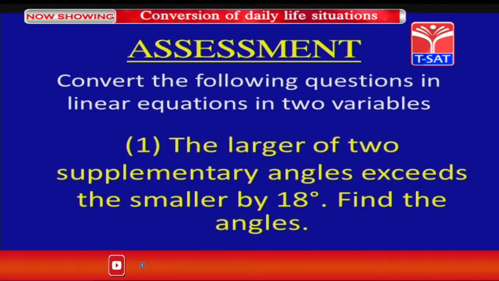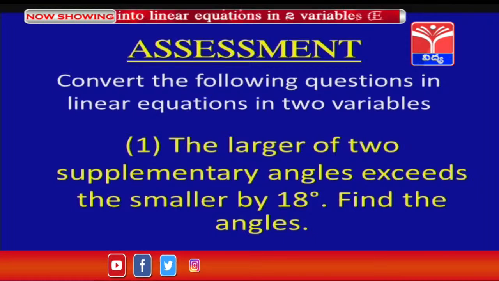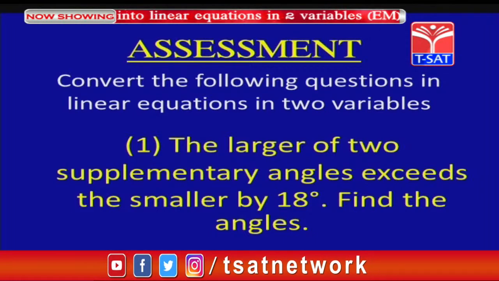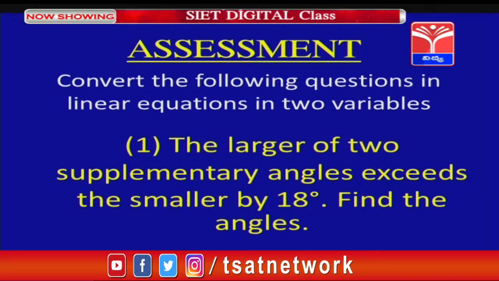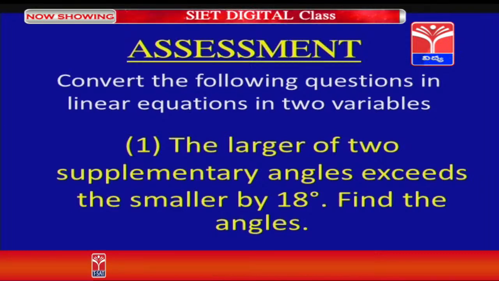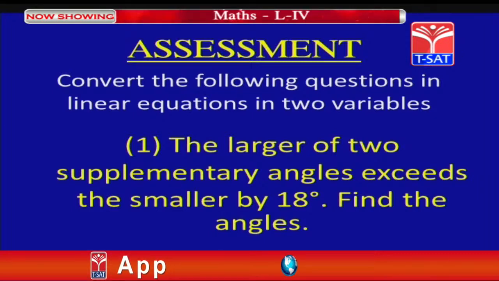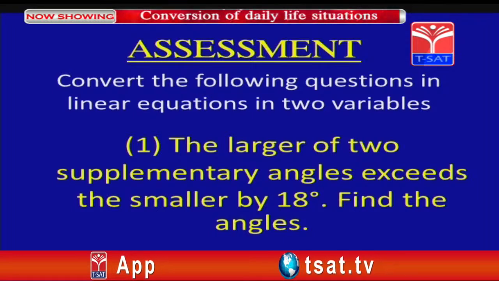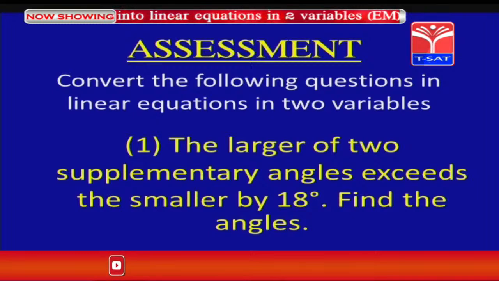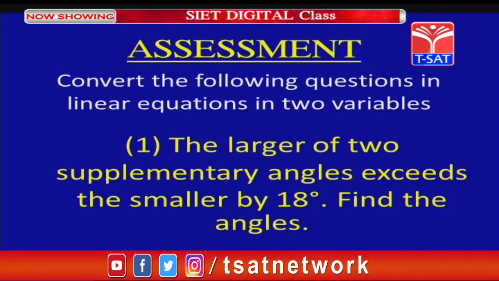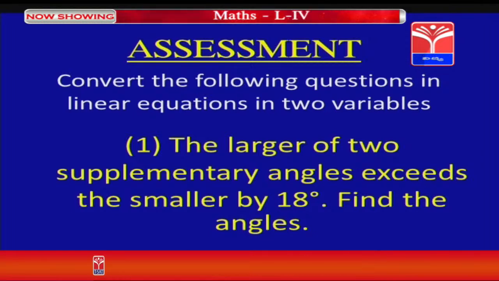First one is supplementary angles, which means the sum of the two angles is 180 degrees. By this condition, you will prepare one linear equation in two variables, and from the second condition, the larger one exceeds the smaller by 18 degrees, you will prepare another linear equation in two variables.